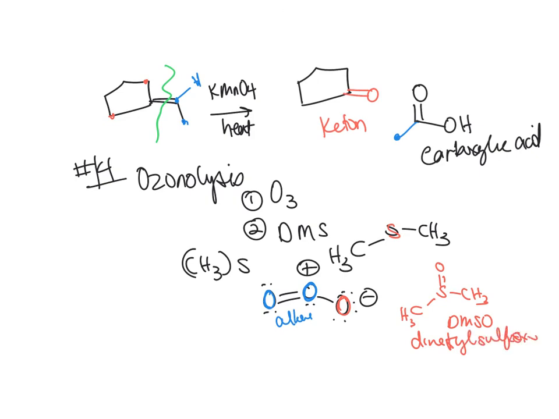It kind of smells like a pig. It's kind of stinky and really thick and oily. But this is a polar aprotic solvent. It has a high boiling point. So that's why you have DMSO to take the other oxygen away.